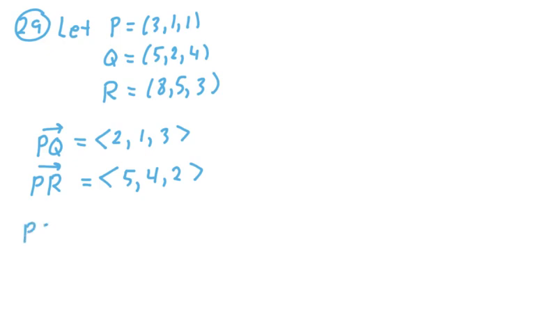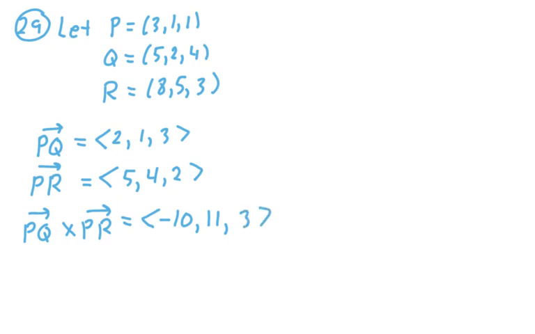So if I take the cross product of PQ with PR, what do I get? I get the vector -10. Now, 4 minus 15 is -11, but the opposite sign is 11. And then 8 minus 5 is 3.